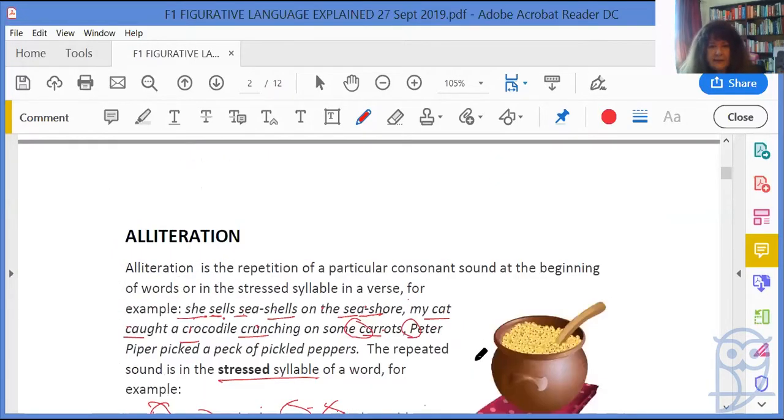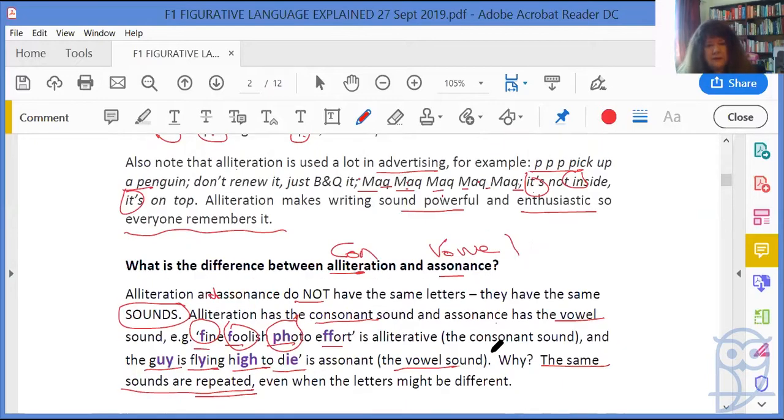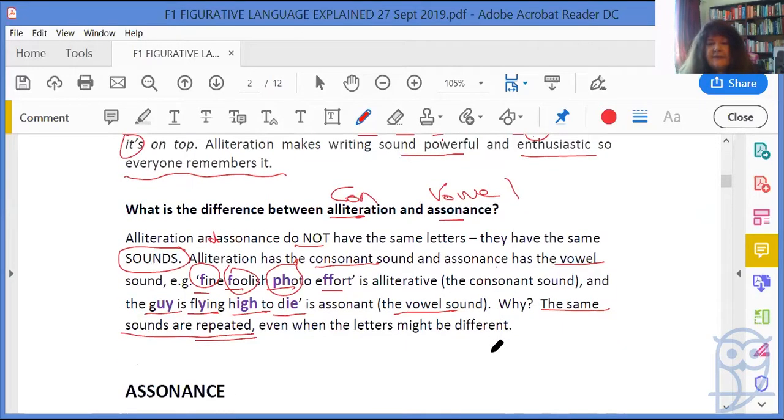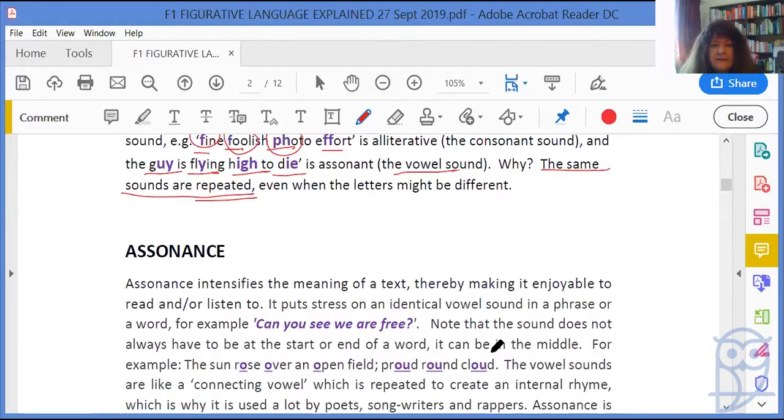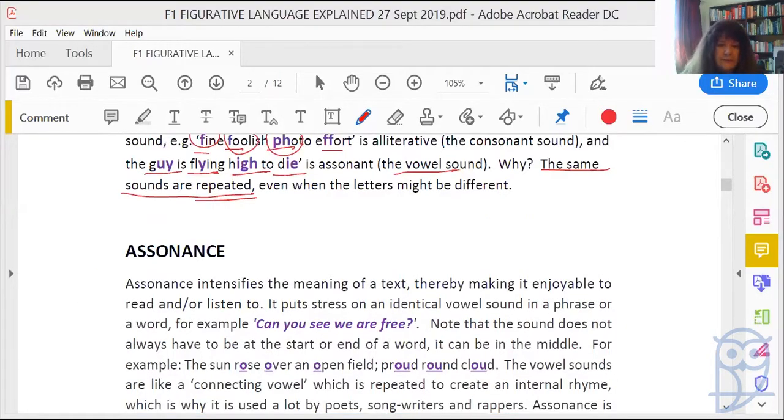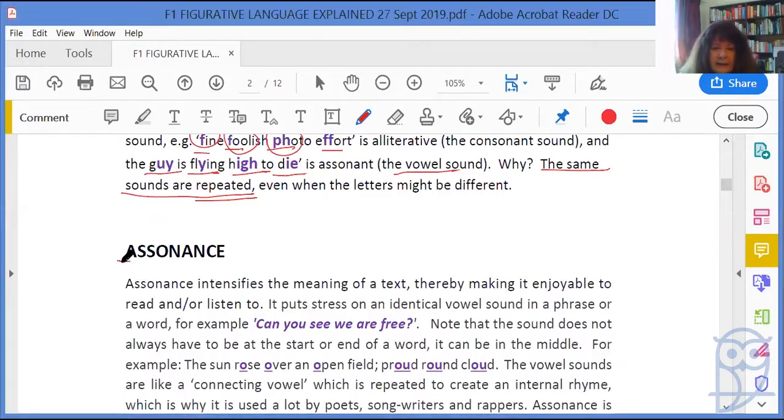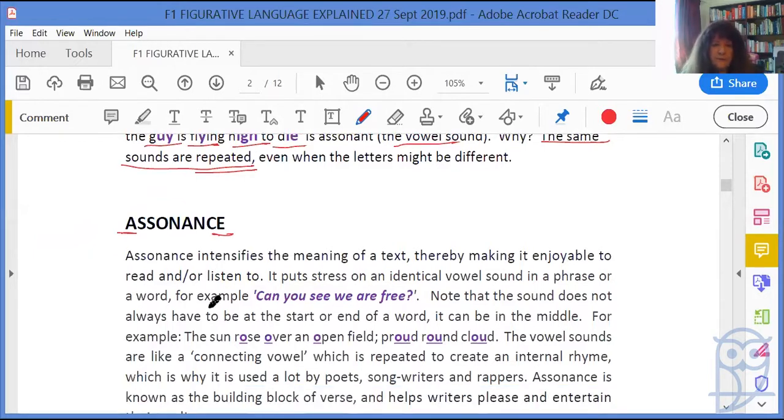Okay, so we've looked at alliteration, those consonant sounds, the difference between alliteration and assonance. Let's look at assonance in a little more detail. It's to do with vowel sounds. So with A and E, there's your vowels at the beginning and end of that word.